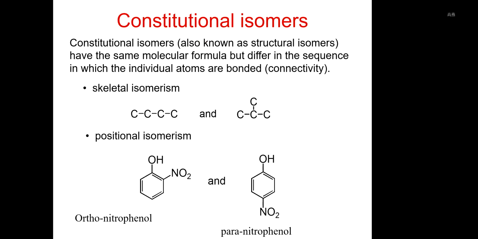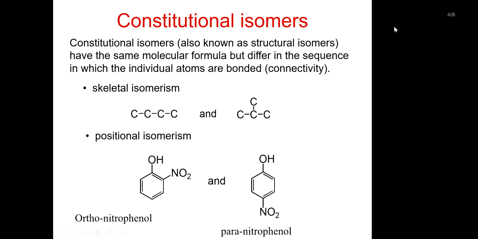Let's first look at the constitutional isomers. So I have a question for you. If an organic compound has constitutional isomers, at least how many carbon atoms should it have? Any volunteers? Come again?